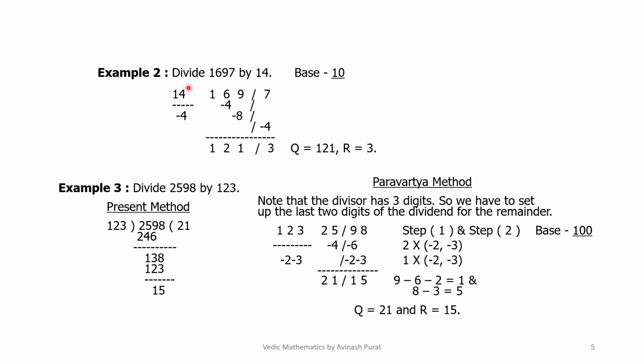Example 2. Divide 1697 by 14. Base is 10 again. 14: 1 is left, 4 is taken down, minus 4 is added.